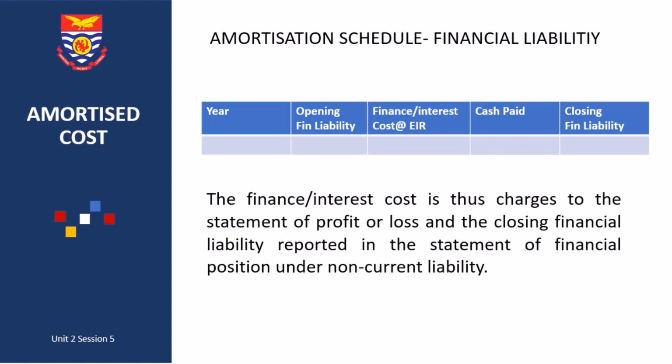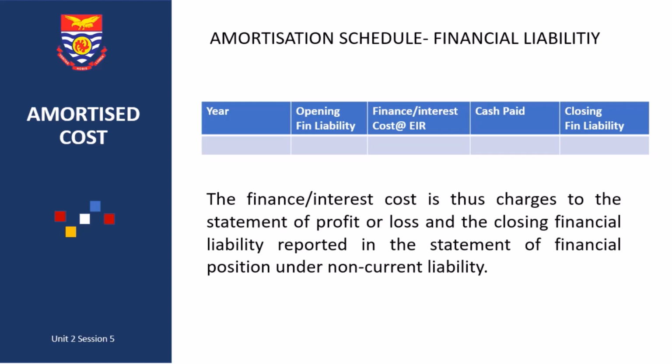So we say the finance or the interest cost is charged to the statement of profit or loss and the closing financial liability is reported in the statement of financial position under non-current liability.